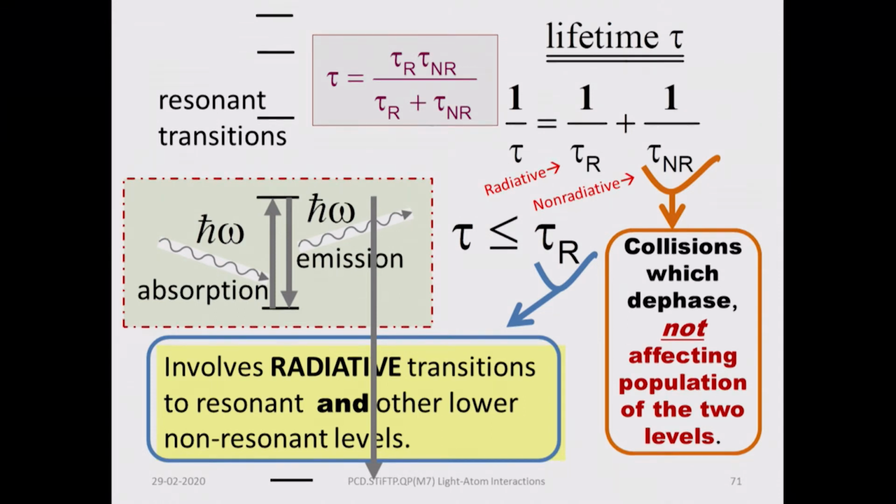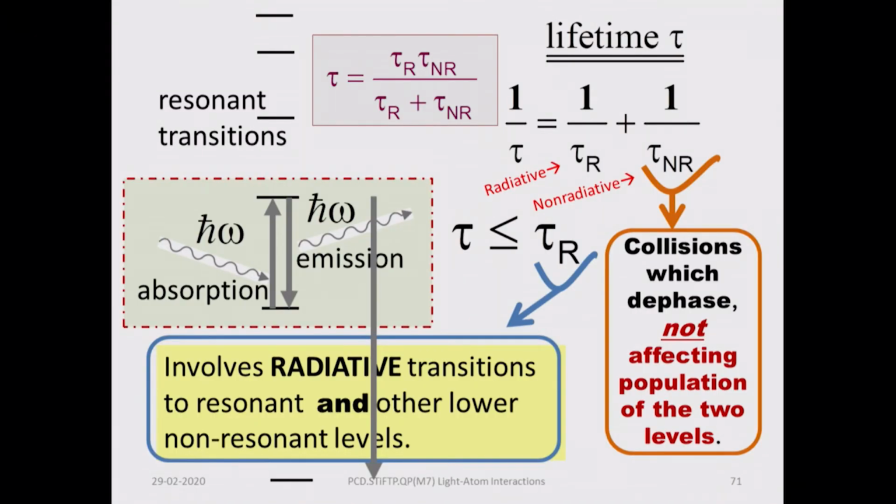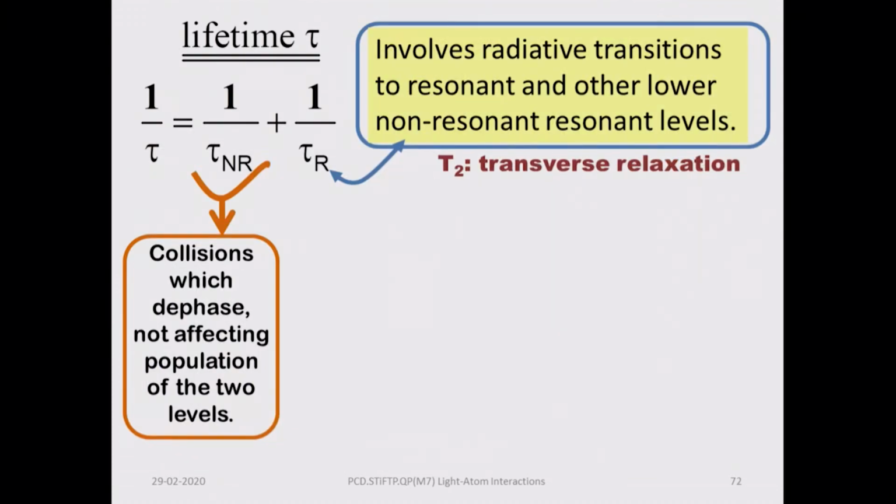So the collision simply nudges the atom, changes its phase without actually influencing the atom to undergo a transition. If there is no transition, then the population of the two levels does not change, but it has lost its phase coherence because of the nudge, because of the collision.